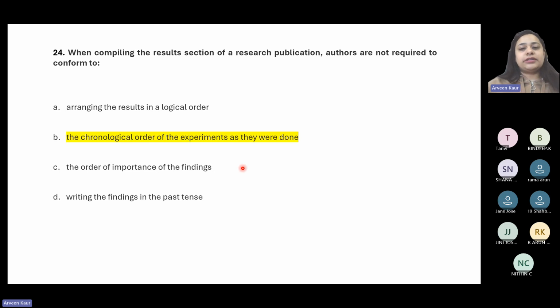Okay. So the authors are not required to conform to basically arranging chronological order of experiments as they were done, right?